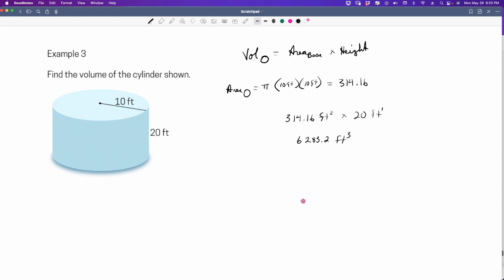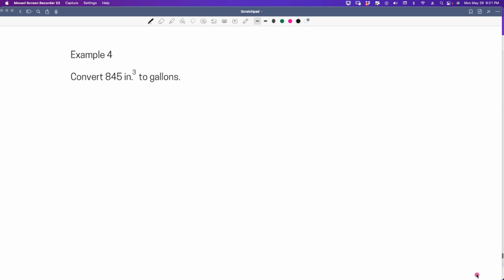All right, so let's look at the next example problem. So example 4 is a conversion problem. It's getting us to use that volume capacity relationship that we had earlier. So we know that there is a relationship between cubic inches and gallons, and that looks like this.